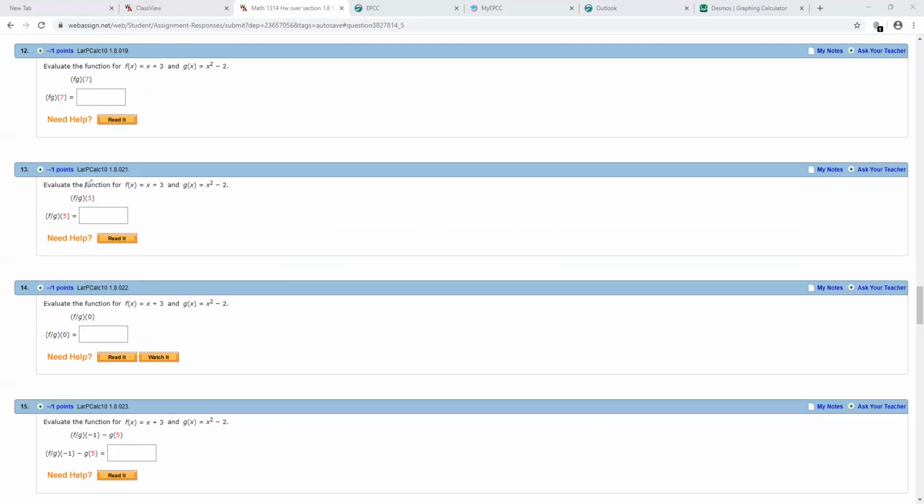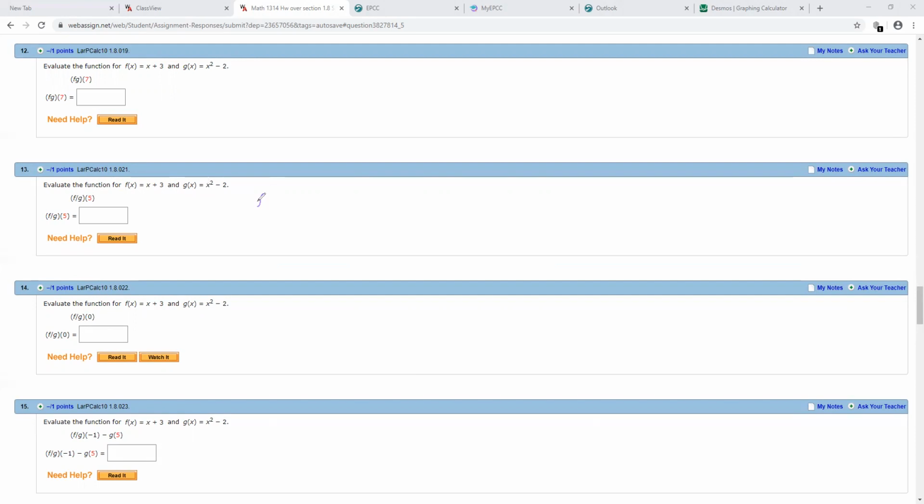So they give us the two functions, f and g. They don't ask us to do all the basic 4 mathematical operations and add them together and subtract them and multiply them and divide them. They're only asking us to divide them. And then this is what William was asking about right up above.